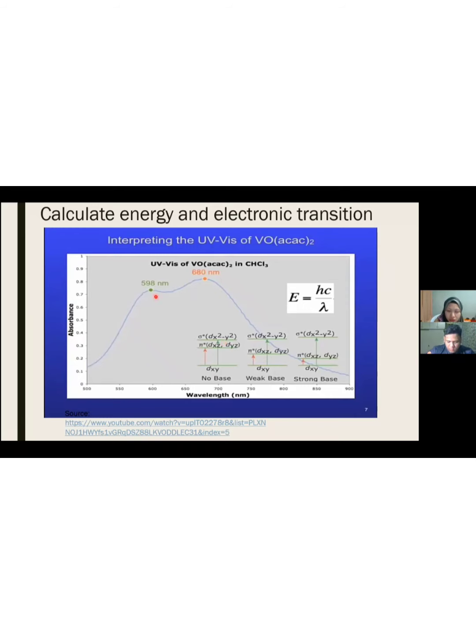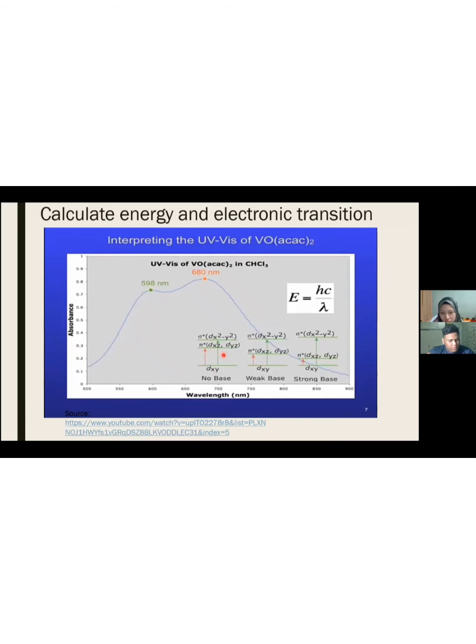At 598 nanometer, we notice electron excitation from dxy to dx squared minus y squared, which is sigma star. And for 608 nanometer, the electron is excited from dxy to dxz and dyz, which is pi star.